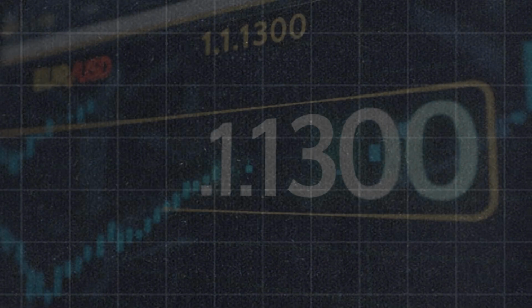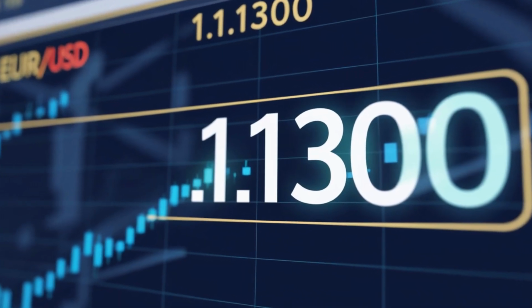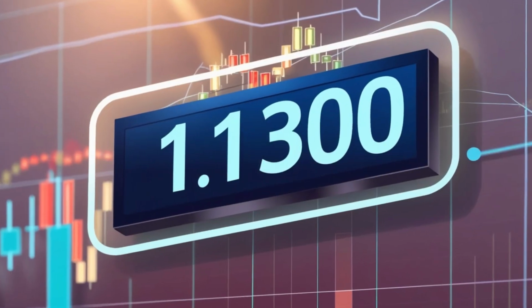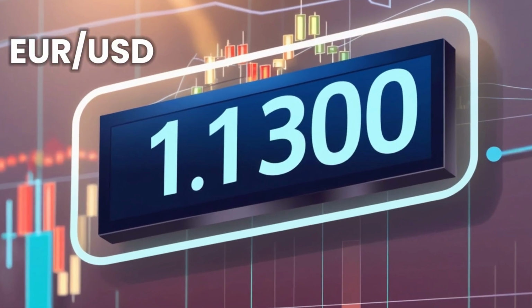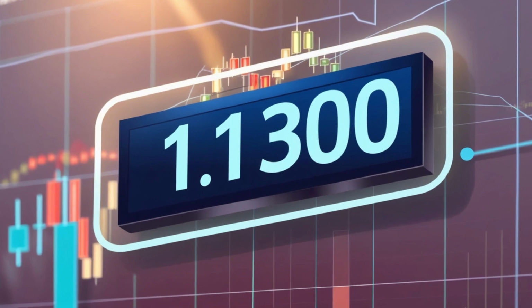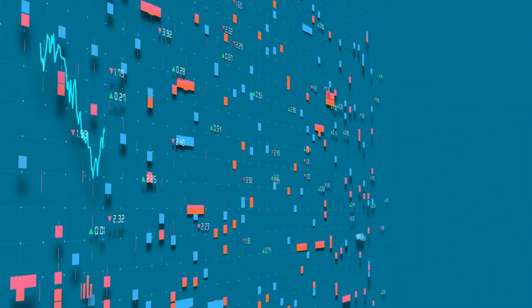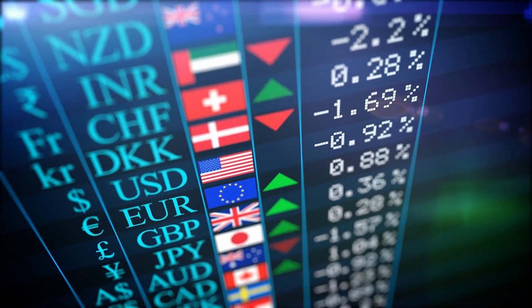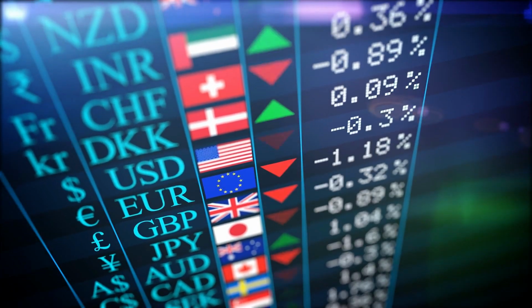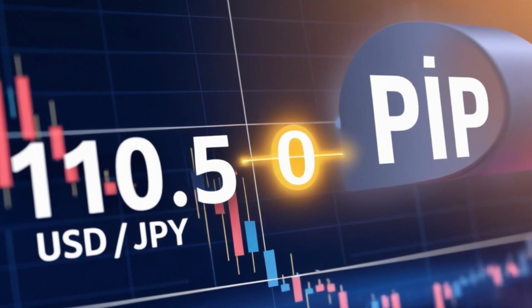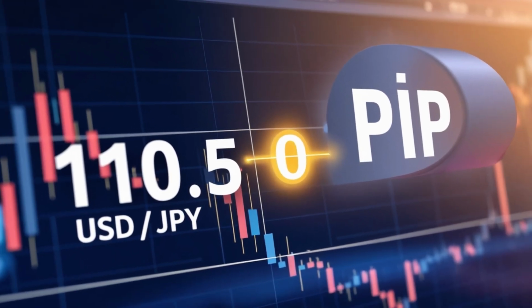Here's where it gets interesting. In most currency pairs, the price is quoted to 4 decimal places. So for example, Euro/USD might be priced at 1.1000, and the last digit, the 0 in this case, is the pip. But, and here's a big but, not all currency pairs are quoted the same way. For currency pairs that involve the Japanese yen, such as USD/JPY, the pip is actually the second decimal place.